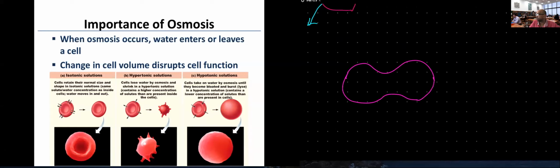Which side do you think is going to have higher solute concentration, outside of the cell or inside of the cell? Which one has more solutes? Outside or inside? What do you think? Which side has more solutes? Outside.